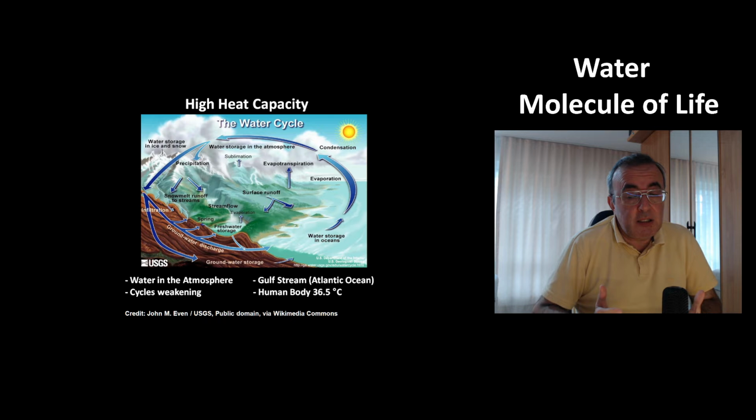Because of climate change, these temperature differences are getting lower, and that's why these cycles are weakening. It could be that the Gulf Stream could totally die, and that would be very bad news for North America and for Europe, for example for agriculture.